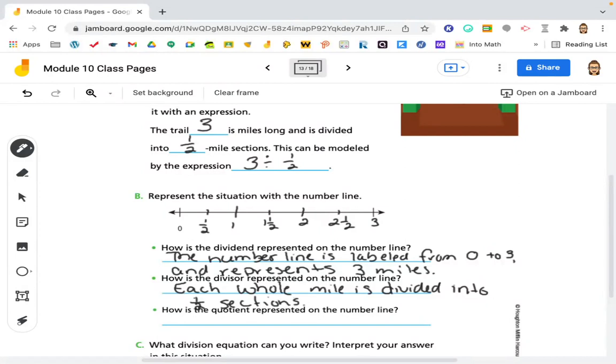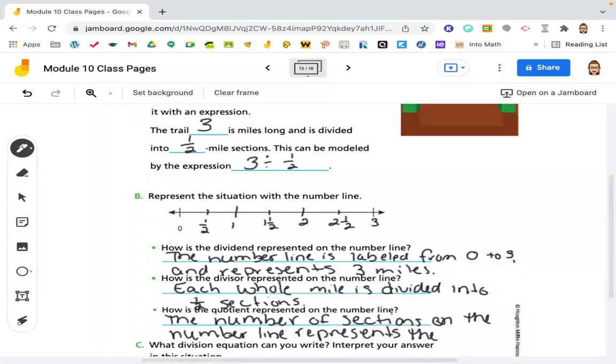The number of sections on the number line represents the quotient.